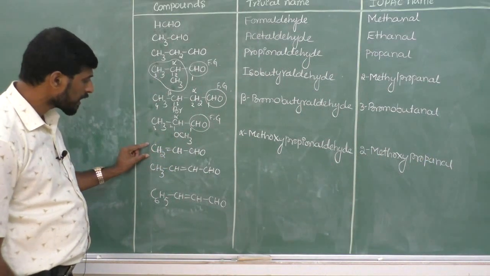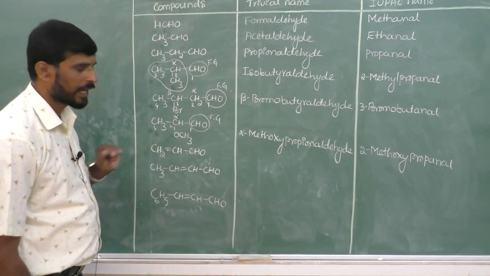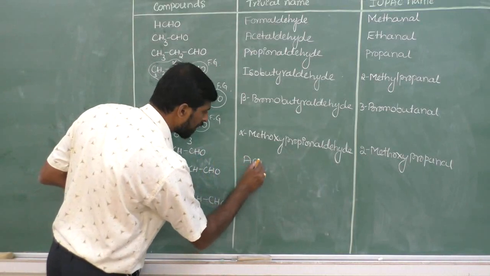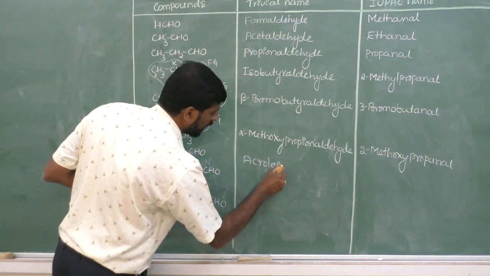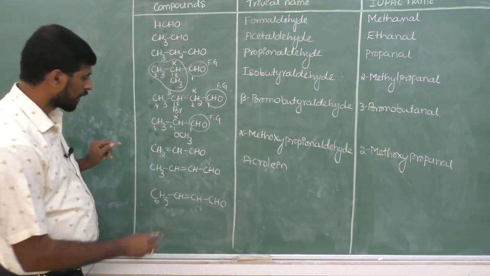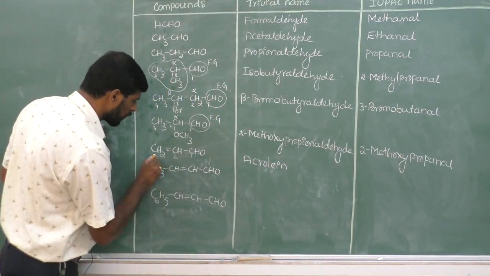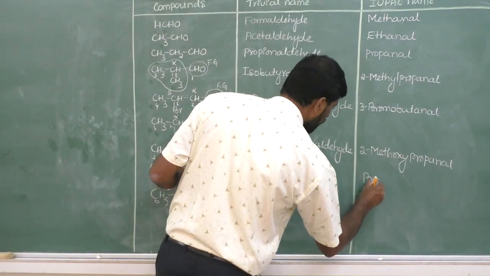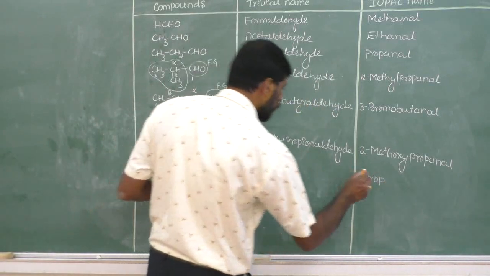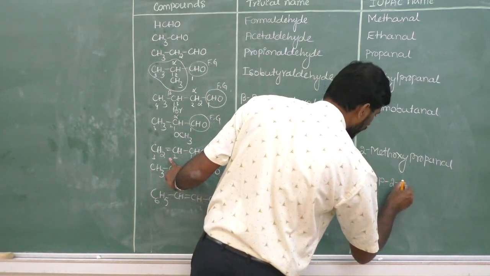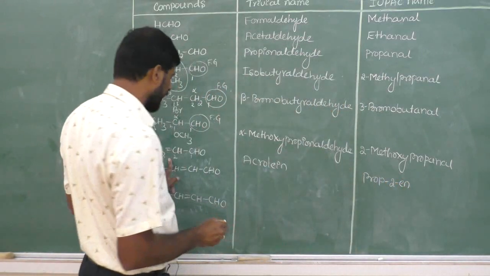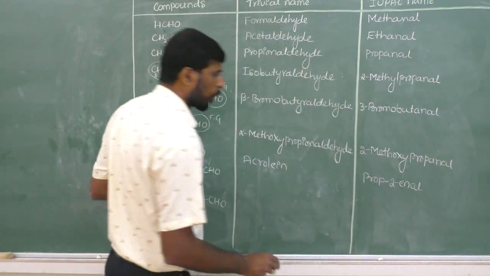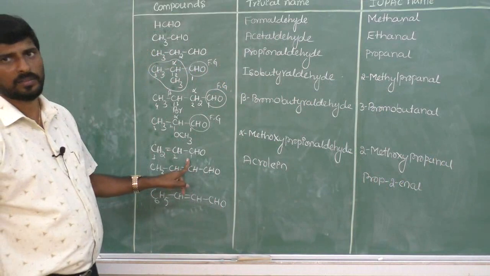Come to the unsaturated aldehyde. Please remember CH2=CH-CHO. This compound is commonly called acrolein. Now, 1, 2, 3. Therefore, it is prop-2-enal.